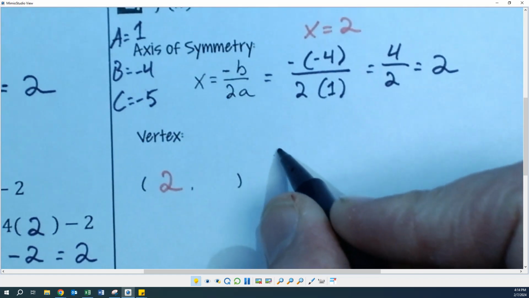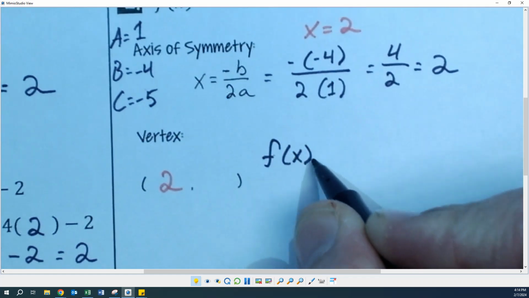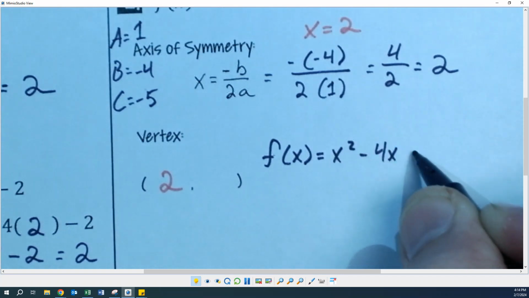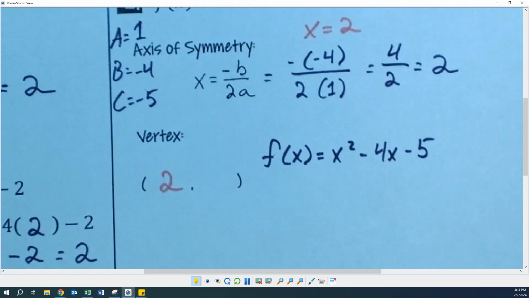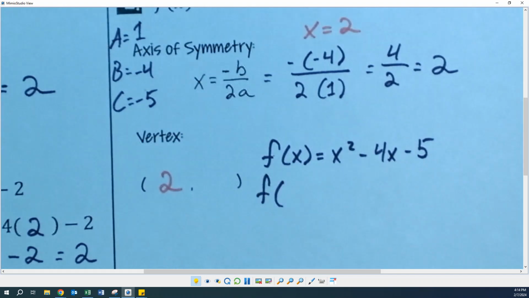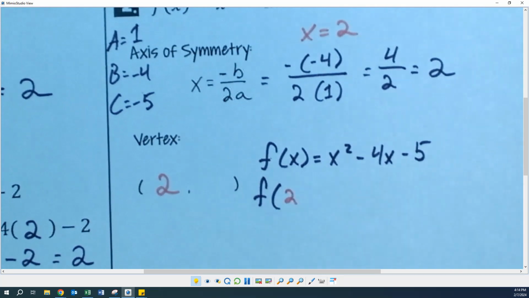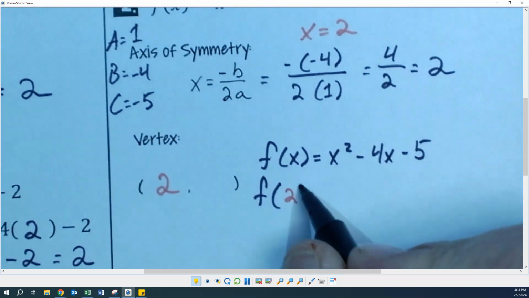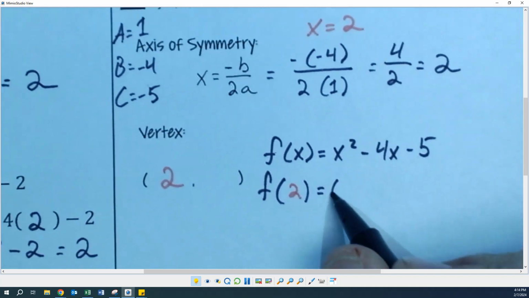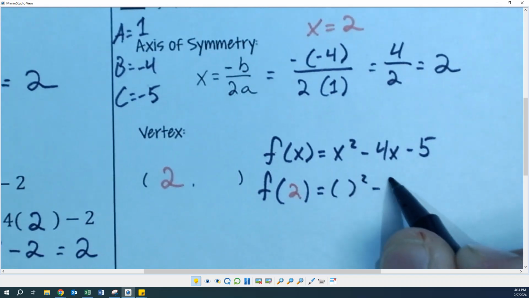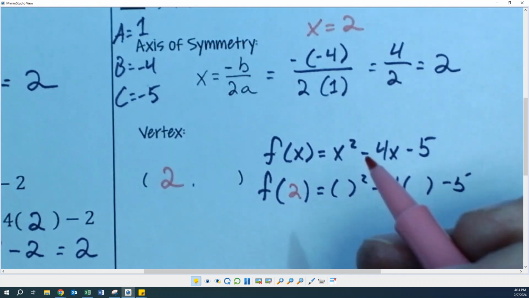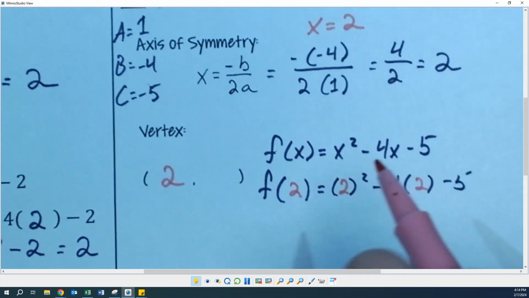To find your y value, you take your function f(x) = x² − 4x − 5. You substitute in, instead of x, you are going to write 2 because that is my x value. And remember, whenever you substitute in, always use parentheses. That way you won't make little mistakes like the negative up here.